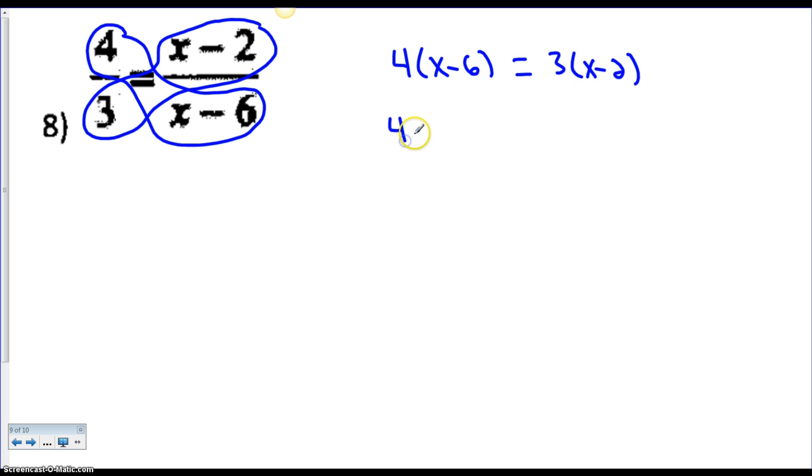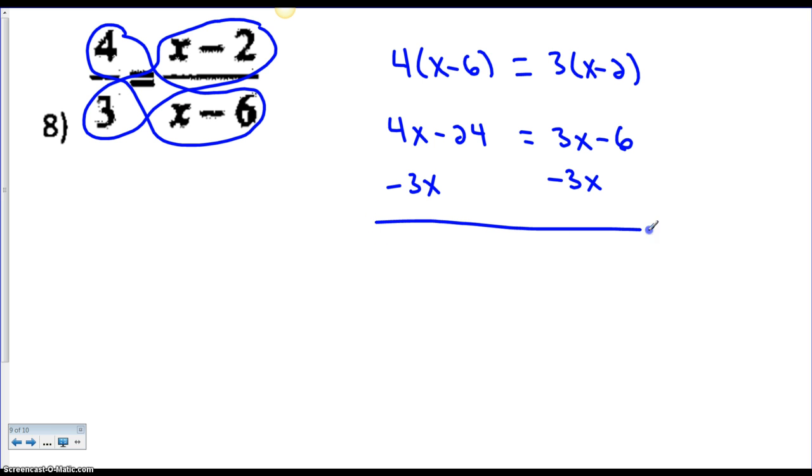So I got 4x minus 24 equals 3x minus 6. Subtracting 3x, 1x minus 24 equals negative 6. You have 1x equals 18.